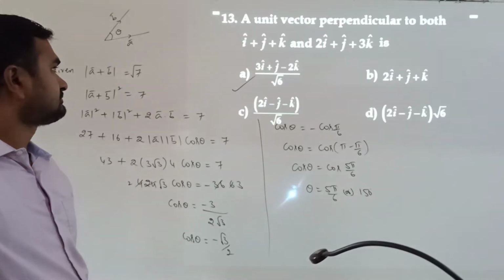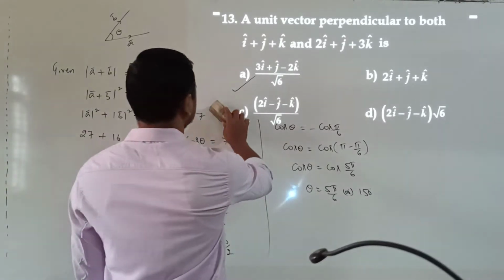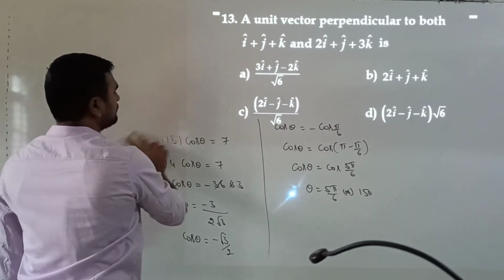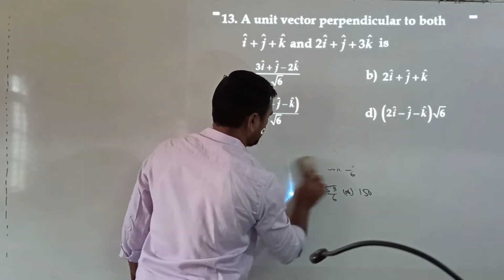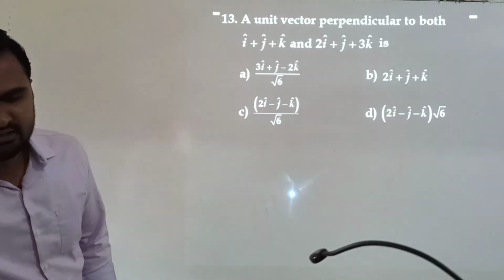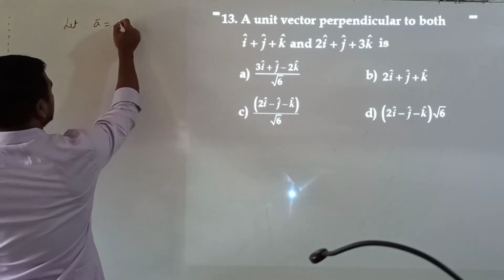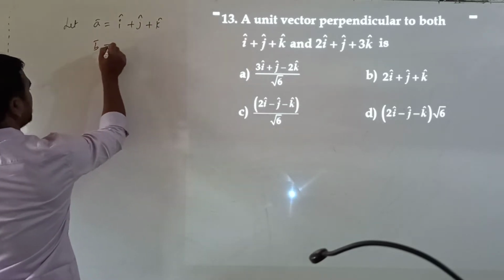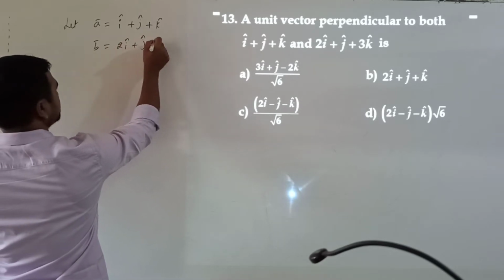So the next question. A unit vector perpendicular to both these vectors is. We need a unit vector perpendicular to both the vectors. Let us take the first vector as a bar equals i plus j plus k, and b bar is 2i plus j plus 3k.